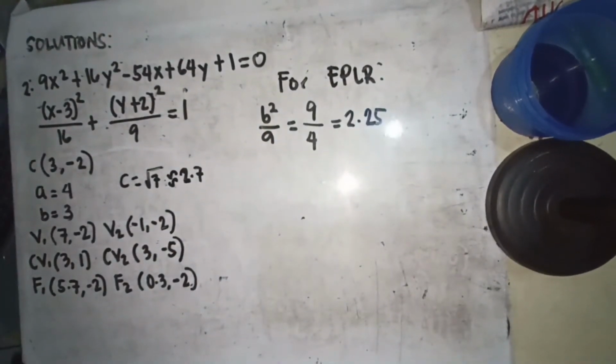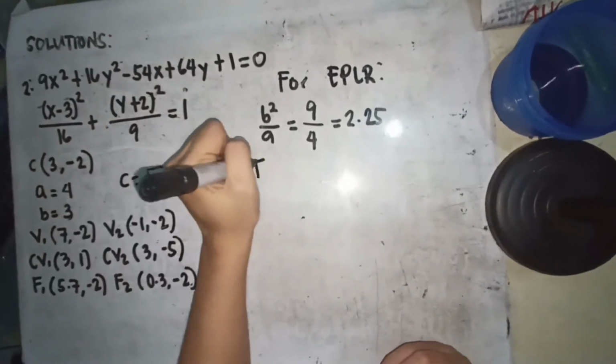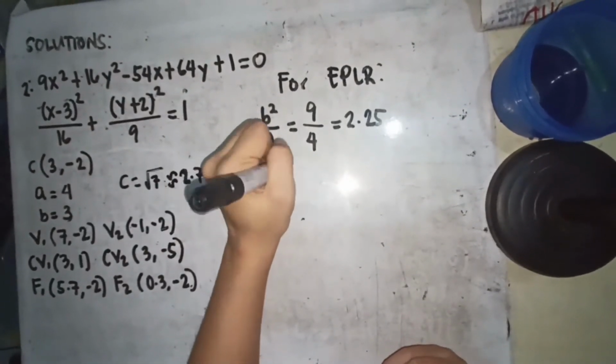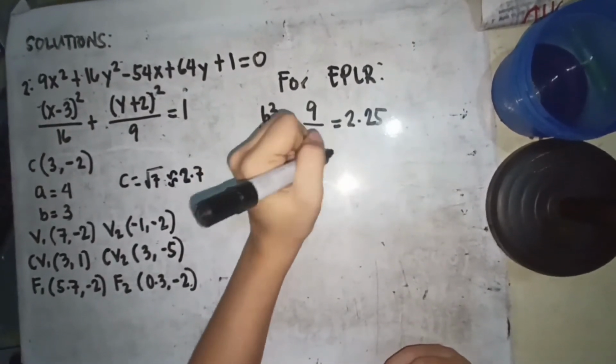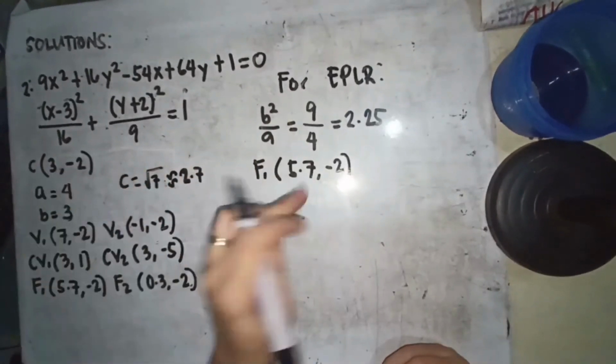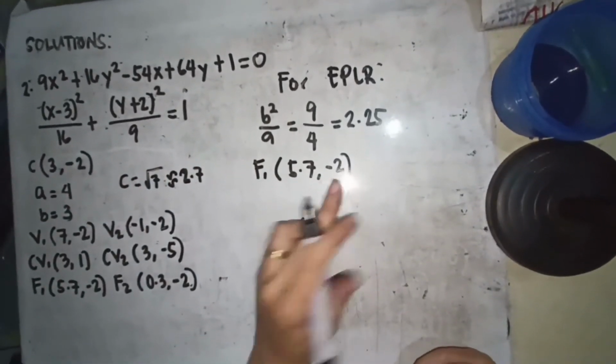Okay. So for our EPLR, again, since our ellipse is horizontal, our lateral recta will be vertical. So, since they are vertical, we add and subtract 2.25 on the y coordinates. So for our f sub 1, again, we have 5.7 and negative 2. So negative 2 we add and subtract 2.25.